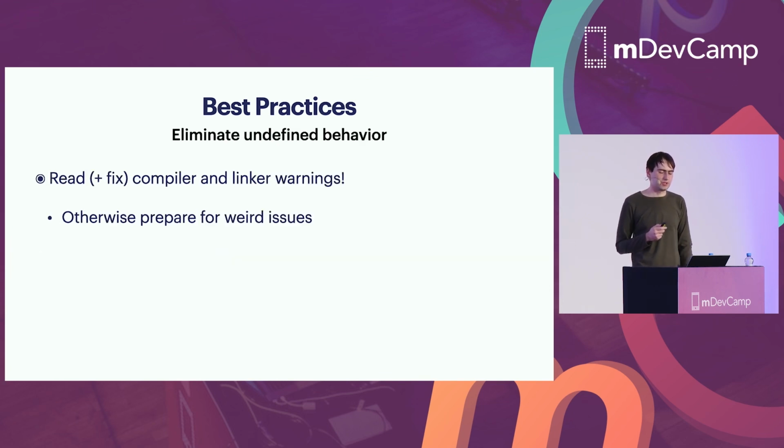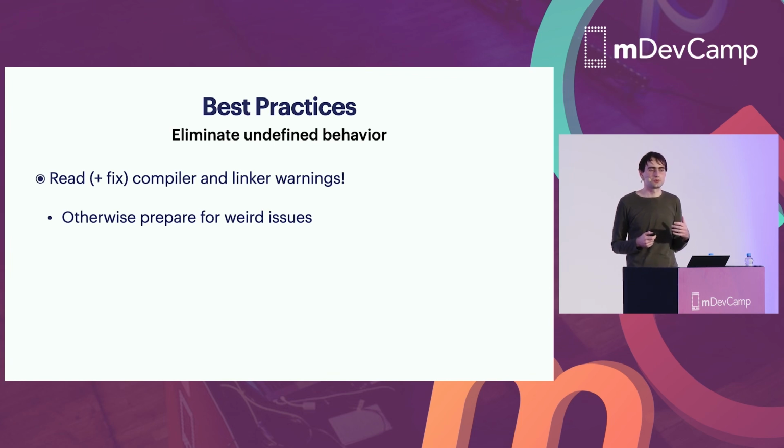Another important point, and many JVM developers aren't used to this: warnings in the native world are usually more serious than in the JVM. Ideally you should have 0 warnings, but you should read your warnings, understand them, and fix them, especially those from the linker.